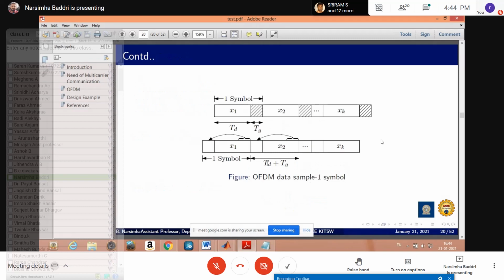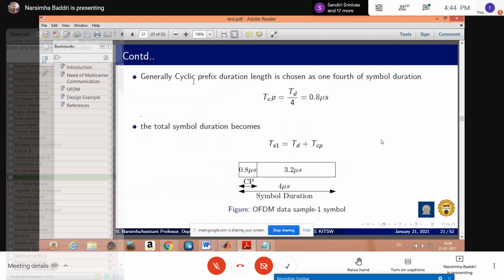Now coming to this, what is the cyclic prefix or guard band? In general, the cyclic prefix length will be chosen based on some surveys or some suggestions from the standards.